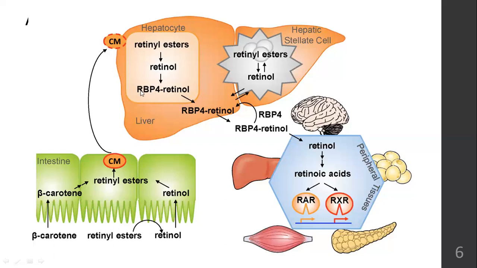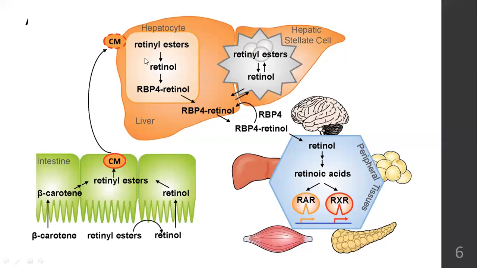Retinol requires a binding protein, retinol binding protein, RBP4. When this protein is bound to the retinol, only then can retinol be circulated back into the blood. In its natural form, in the form of retinol, it cannot leave the liver.